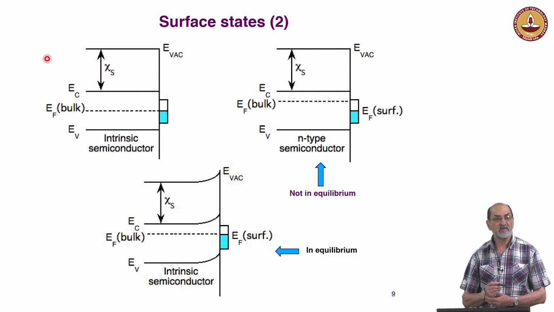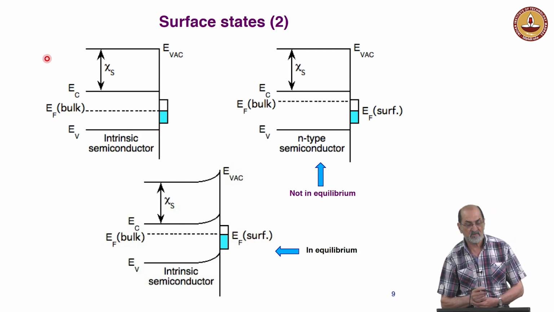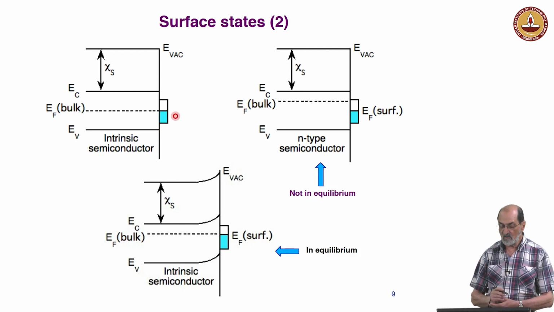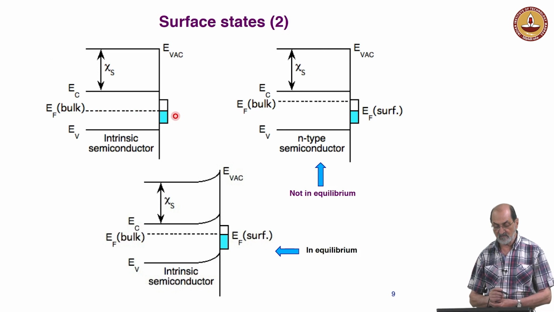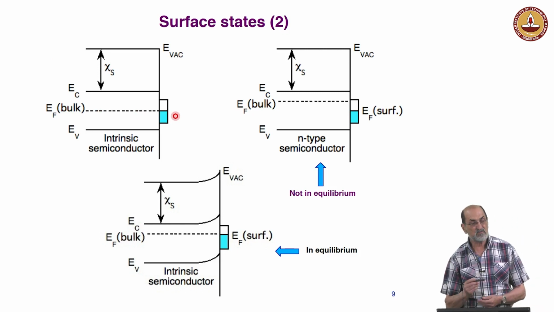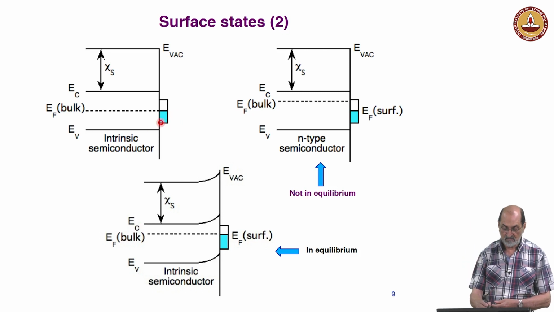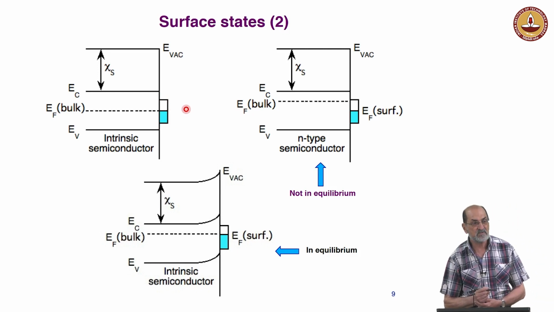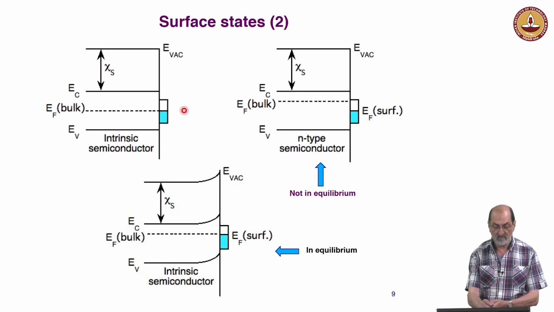If they are about the middle of the gap, which is what regularly happens with intrinsic surface states, and we have an intrinsic semiconductor, well, if the Fermi level falls about the middle, between the donors and the acceptors originated at the surface, not much is happening. The donors would be filled and the acceptors empty, so there is no problem, there is no charge there. That is the equilibrium situation, the equilibrium level. There is no net charge at the surface. So not much would happen.